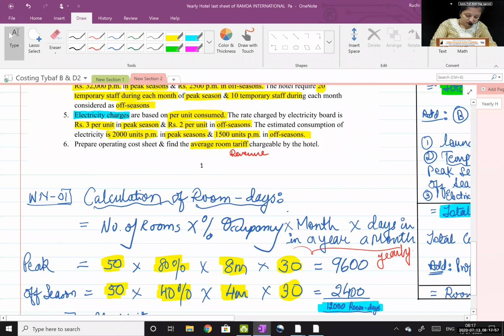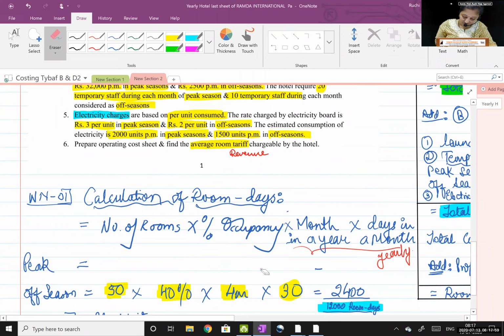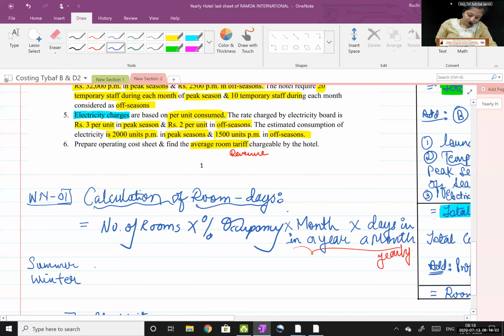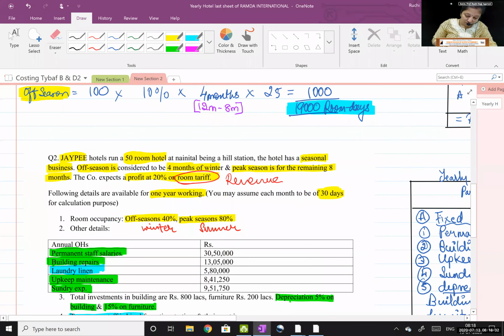Okay, now let us start. You can even write peak seasons, off seasons, or you can even write summer and winter. Both are correct. So, how many rooms in the hotel? 50.